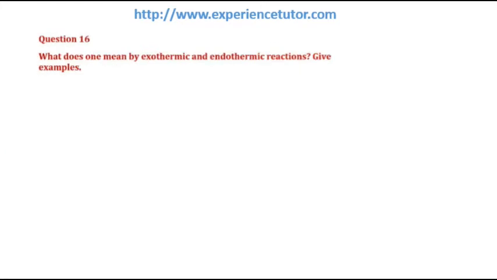What is the meaning of exothermic and endothermic reactions? Give examples. Chemical reactions that release energy in the form of heat, light or sound are called exothermic reactions. Example, a mixture of sodium and chlorine yields table salt. That means we can write Na2 plus Cl2.